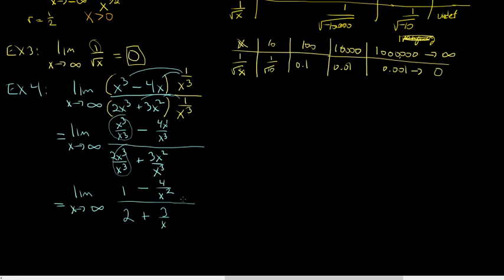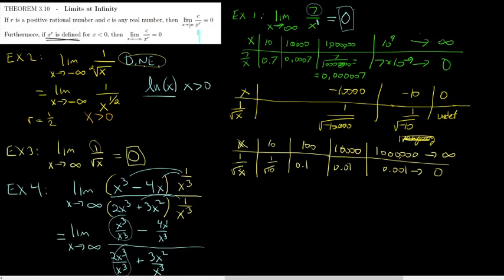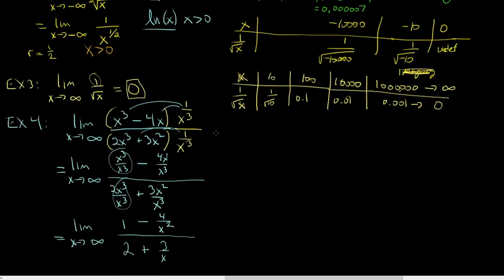All right, so now we can come back. Hang on to this thought for a second. We're going to come back to this property here. If you notice, as long as the numerator is just a constant and the denominator is some power of x, and that's going to be true here. So here we have a constant c, which is just 4 in the numerator, divided by x to a power r. Here r is 2.